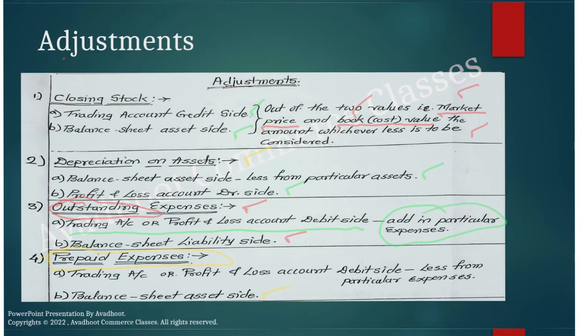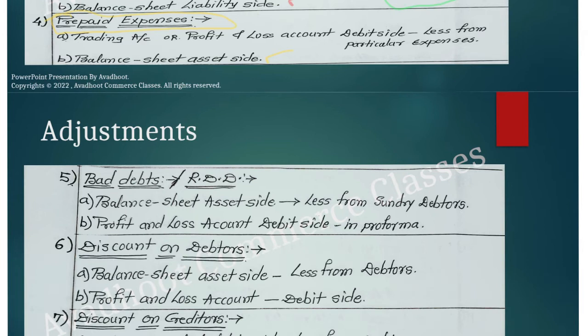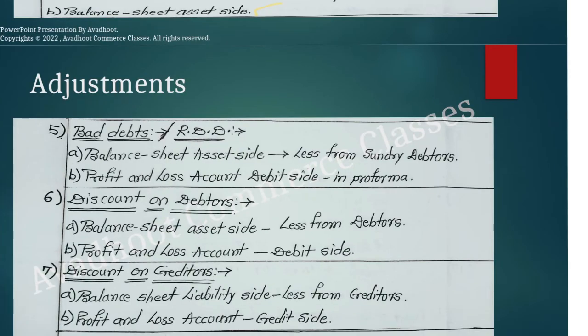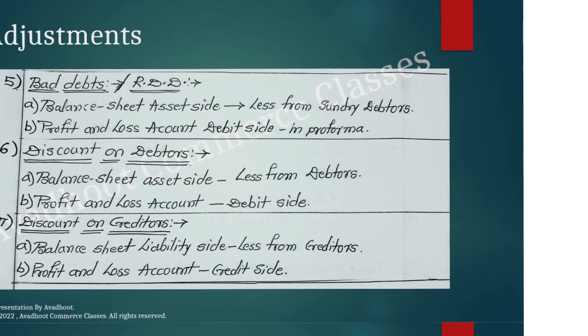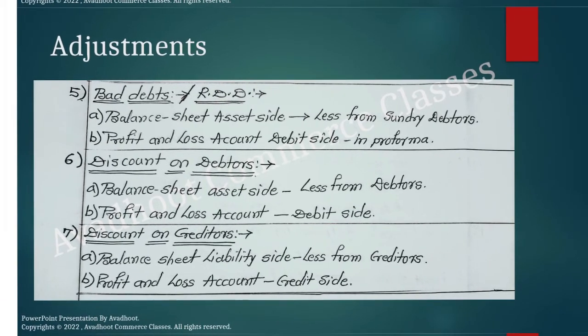Next, the fifth one is that we are going to consider bad debts or RDD. Now here bad debts or RDD means what? The effect is the same. What do you mean by the effect is the same? Bad debts, irrecoverable loss.